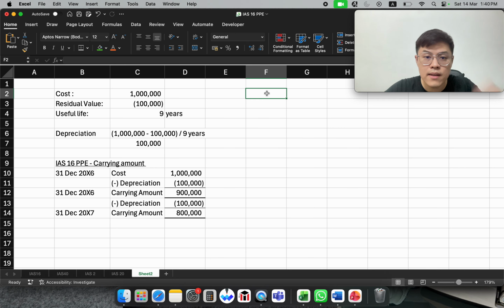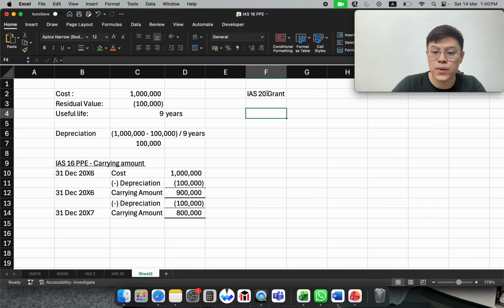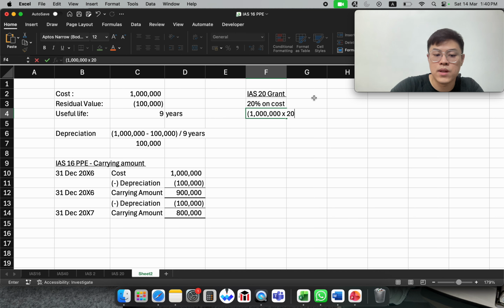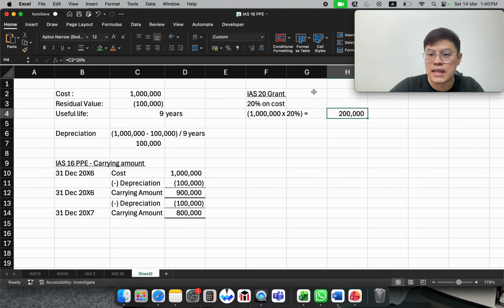However, when the grant comes into the picture, assuming this is a capital grant, because this is on your non-current asset, and the grant amount is 20% on cost, we calculate 1 million times 20%, which gives 200k. That is your grant amount.